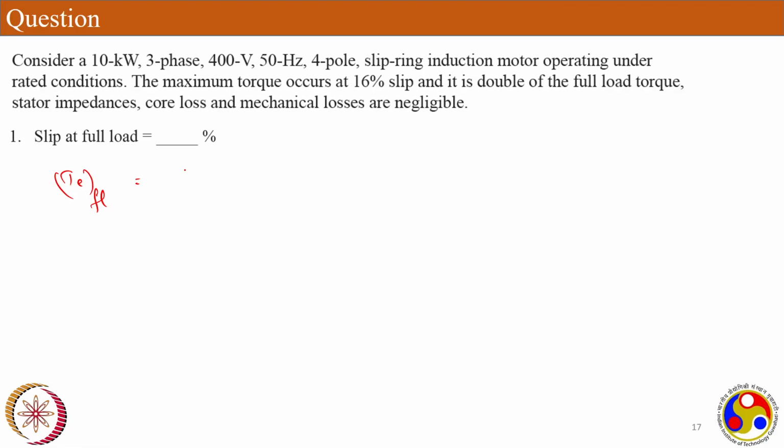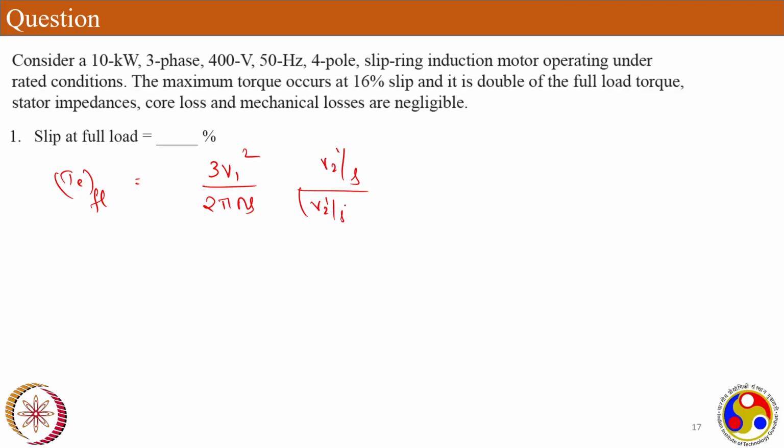R2 dash by S will be there in the numerator, and in the denominator only R2 dash by S terms and the X2 dash will be there, right? And your maximum torque will be 3V1 square by 4 pi ns times 1 by X2, because all the rest are Thevenin's only. This will be 0, this will be 0, this will be 0, and only X2 will be there.